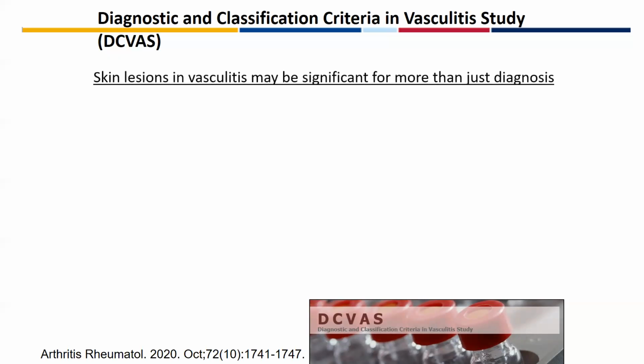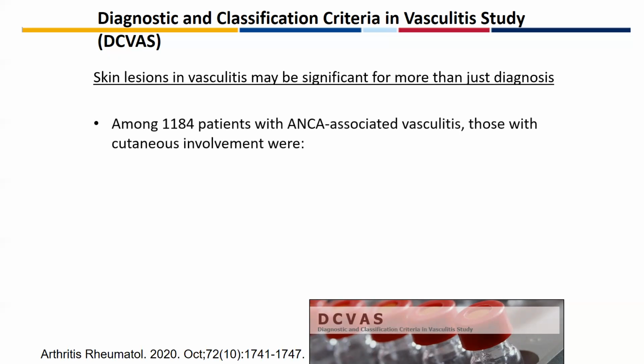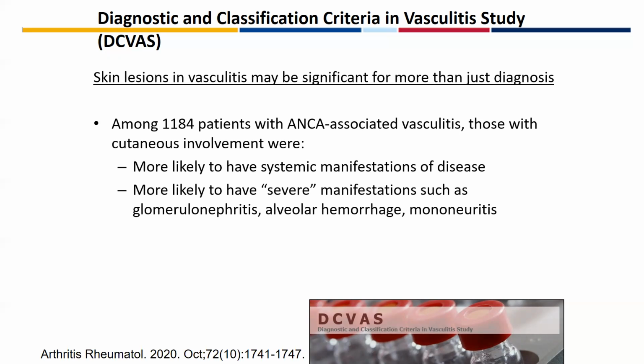But it turns out the skin is important not just for diagnosis, but also for prognosis as well. Among about 1,200 patients with ANCA-associated vasculitis that we looked at, those with cutaneous lesions were more likely to have systemic manifestations of disease, and in fact, more likely to have severe manifestations like glomerulonephritis or alveolar hemorrhage with a hazard ratio of 2 for granulomatosis with polyangiitis and eosinophilic granulomatosis with polyangiitis.